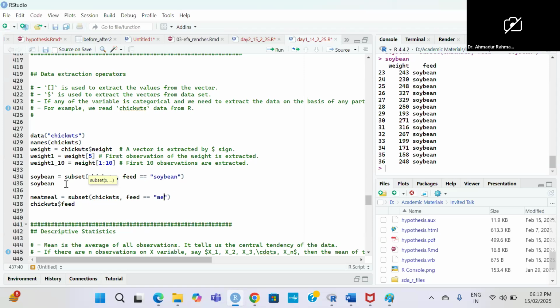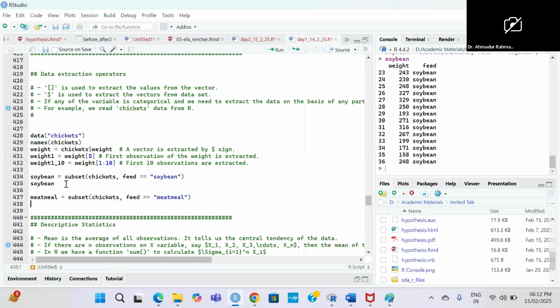So right here, meatmeal. Okay, one thing that is important: if you are writing anything except the commands, if you are giving any names, like a categorical name, then we have to write them in quotes.